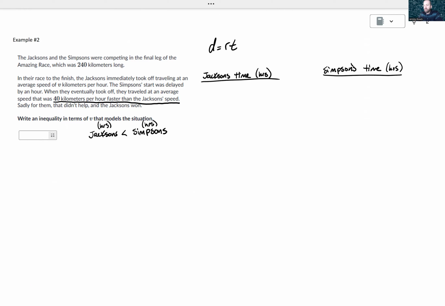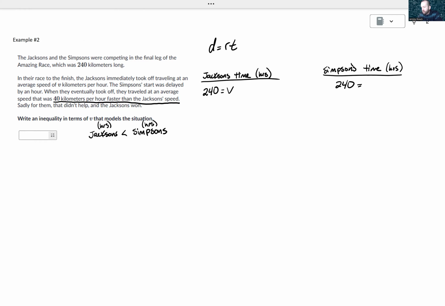So for the Jacksons' time, it says that the race was 240 kilometers long. If they're running a race, then the distance for both the Jacksons and the Simpsons has to be 240. So D is 240. Now for the rate for the Jacksons, it just says that the Jacksons were going v kilometers per hour.